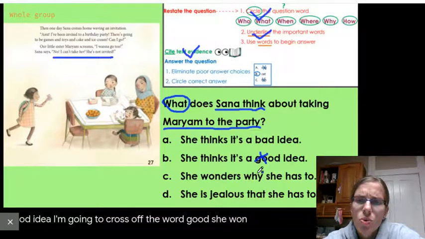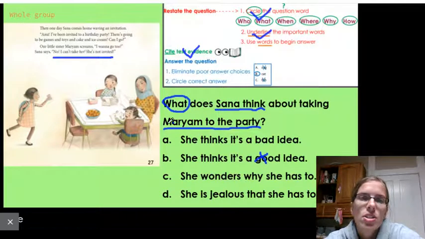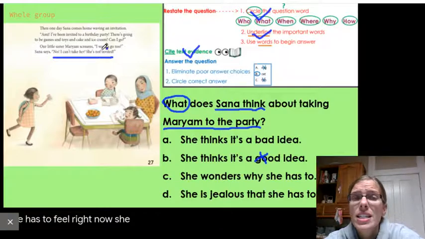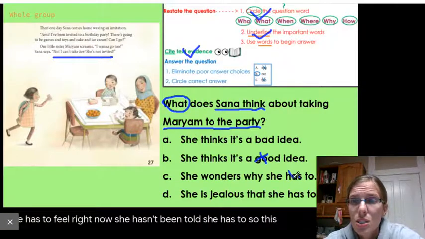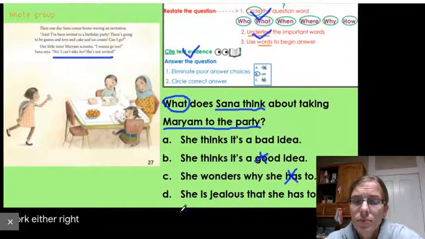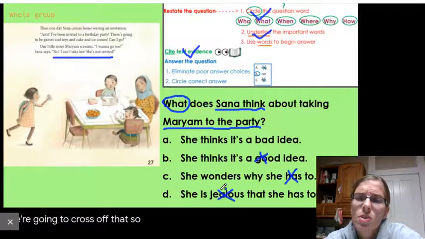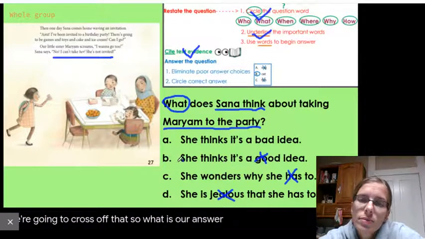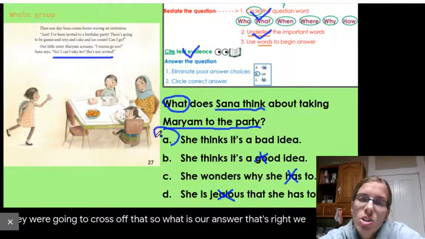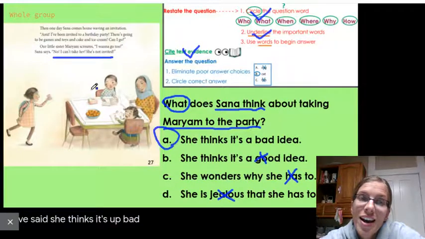She wonders why she has to. Well, right now she hasn't been told she has to, so this one wouldn't work either, right? And she is jealous that she has to. Well, she's not really jealous. So we're going to cross off that. So what is our answer? That's right. We should have said she thinks it's a bad idea.